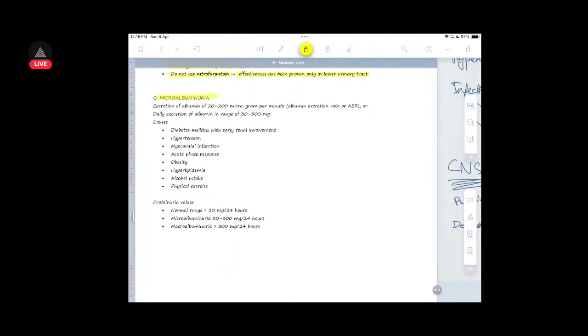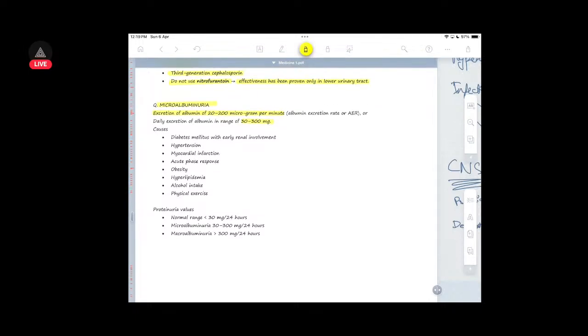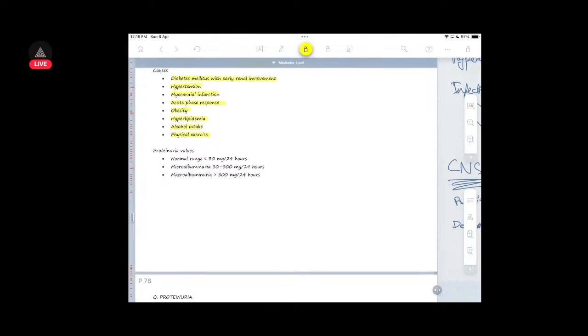Then microalbuminuria. Microalbuminuria is excretion of albumin 20 to 200 micrograms per minute, so daily excretion in the range of 30 to 300 mg. It is caused by diabetes mellitus with early renal involvement, hypertension, myocardial infarction, acute phase response, obesity, hyperlipidemia, alcohol intake, and physical exercise.